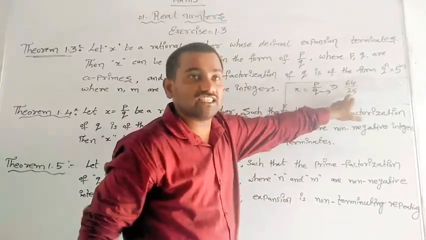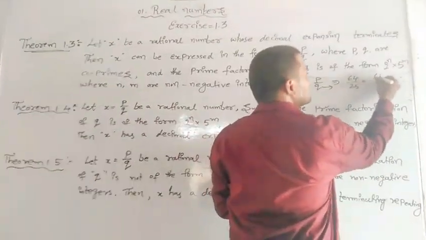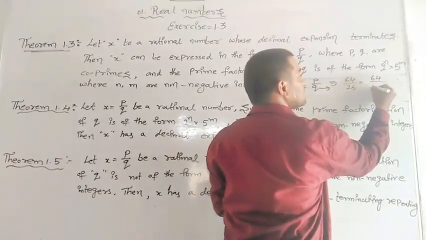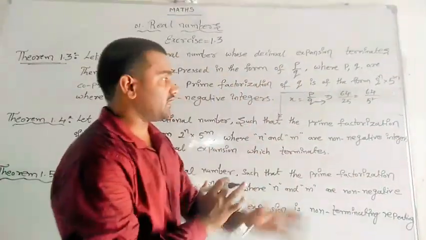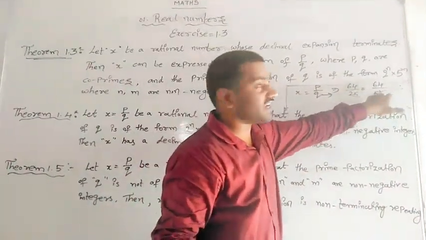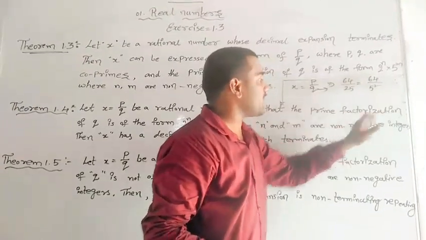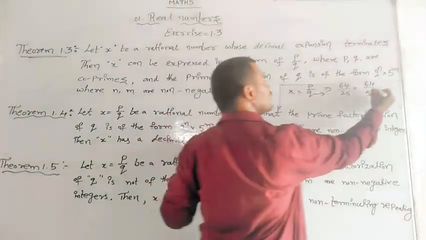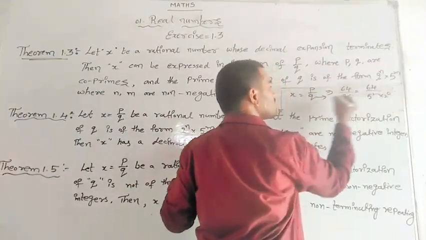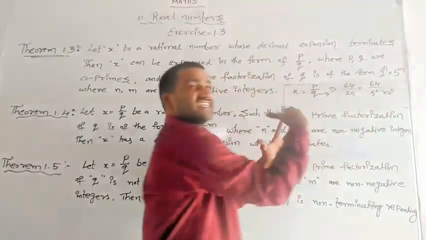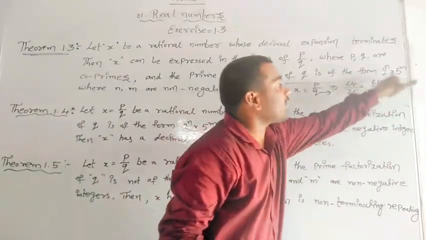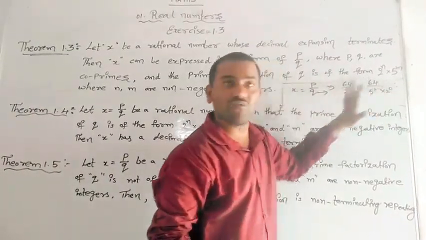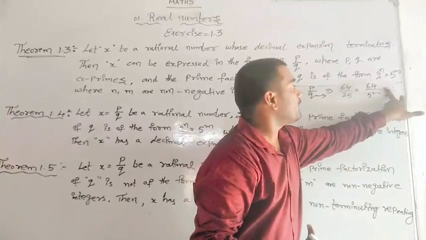Let us write the prime factorization of q. 64 by 25 can be written as 2 squared into 5 squared. It is in the form of 2 to the power of n into 5 to the power of m. That means we can write here 2 to the power of 0, no? 2 to the power of 0 equal to 1, that means no change in the value. Now it is completely in the form of 2 to the power of n into 5 to the power of m.